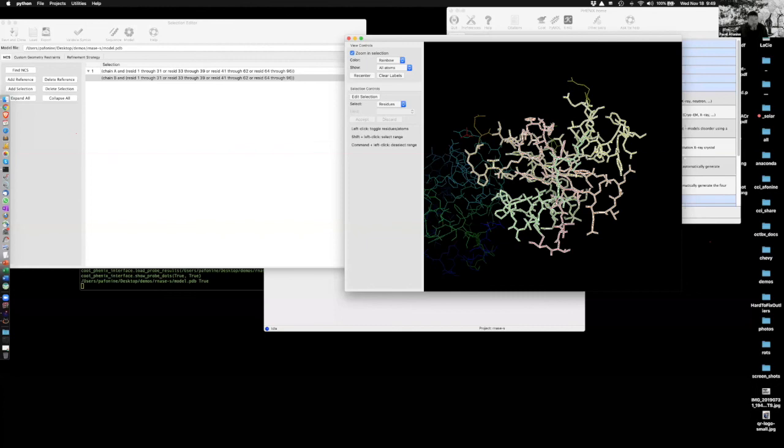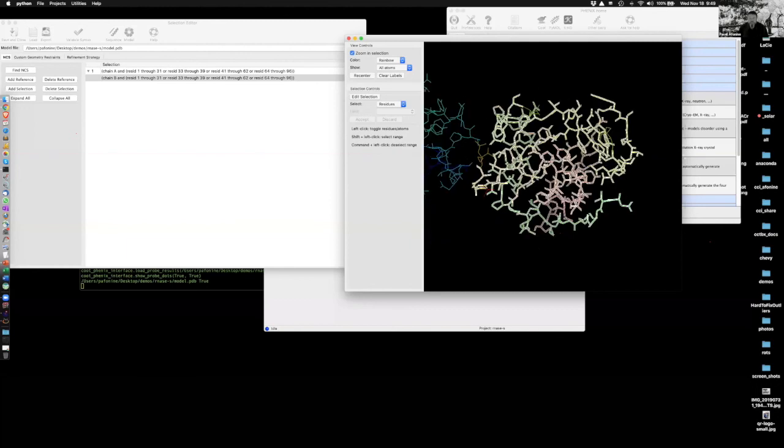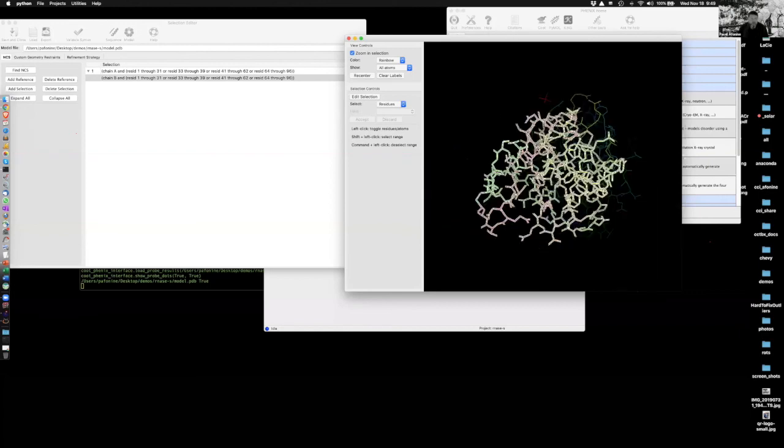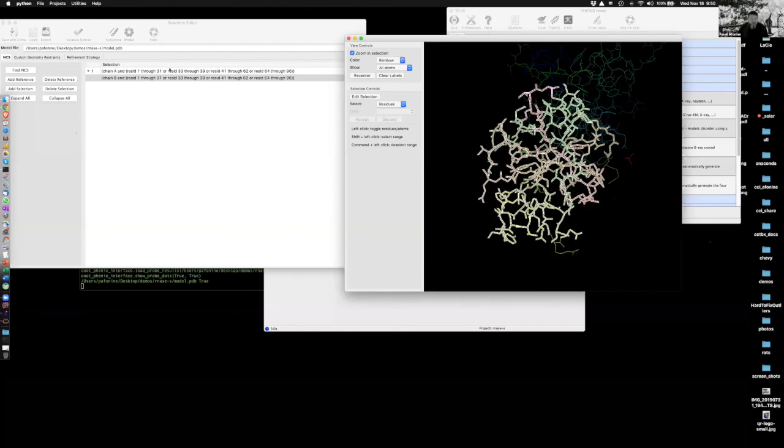And if they are different, then the NCS machinery uses torsional NCS restraints that potentially allow for differences. So it may be a good idea to actually edit these restraints and say, well, I want to use chain A and chain B as is, and let the NCS machinery exclude these residues if needed.